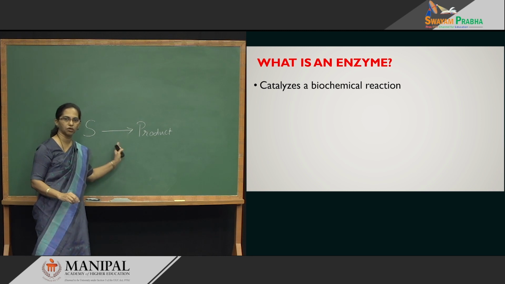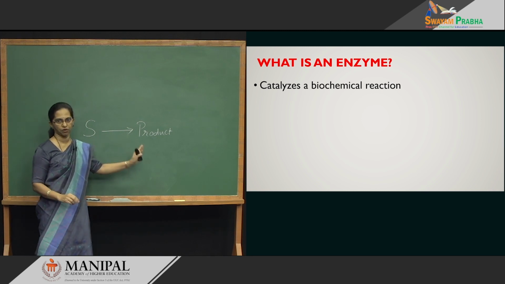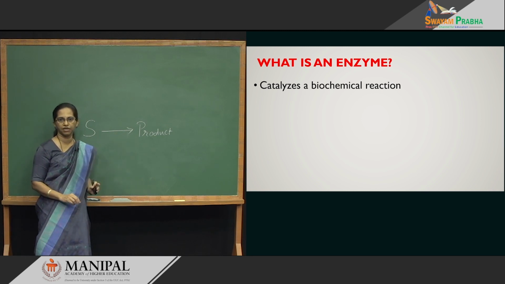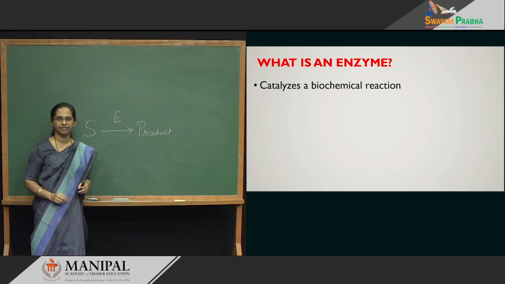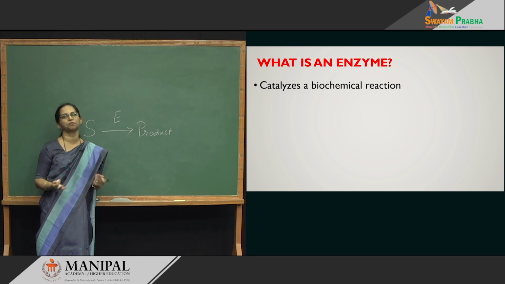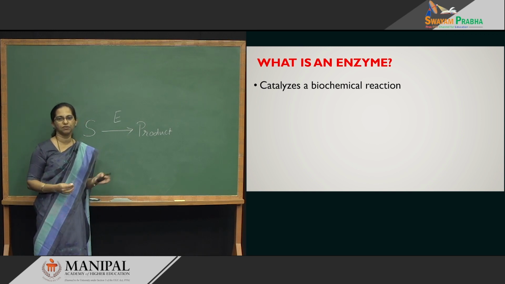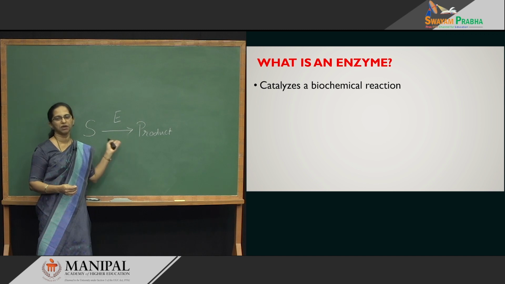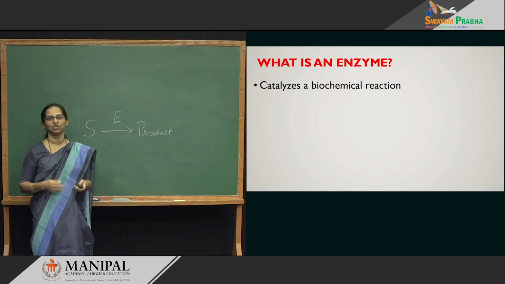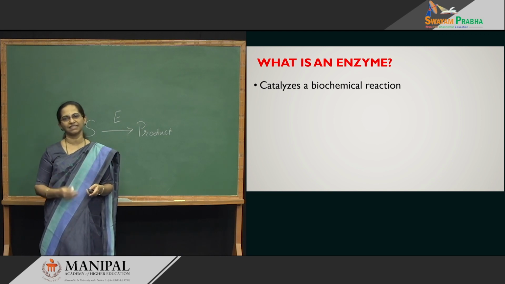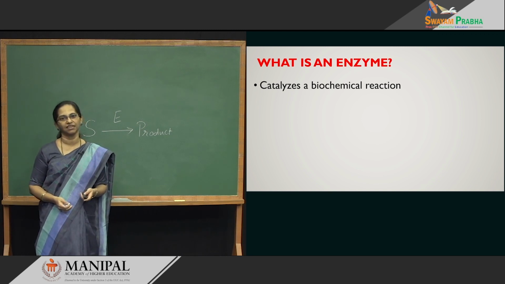This can take place on its own, substrate to product. The reaction can go spontaneously, but if you have an enzyme, what happens? You speed up the reaction. Say you need half an hour to do this, you have the enzyme, you can do it within 2 minutes. So, you are enhancing. So, an enzyme is catalyzing the reaction.